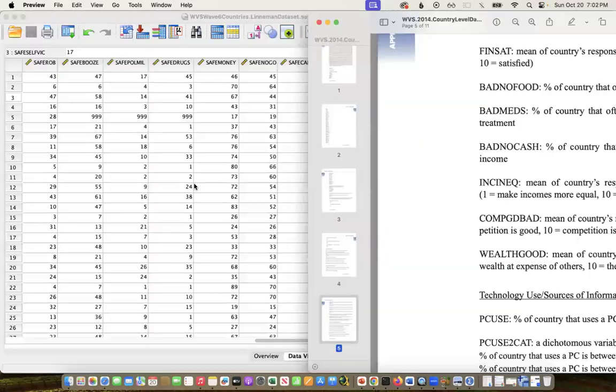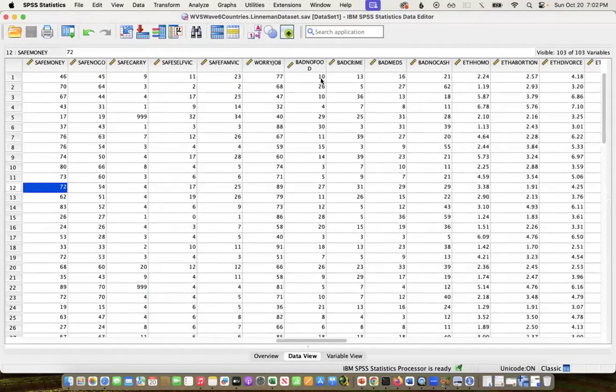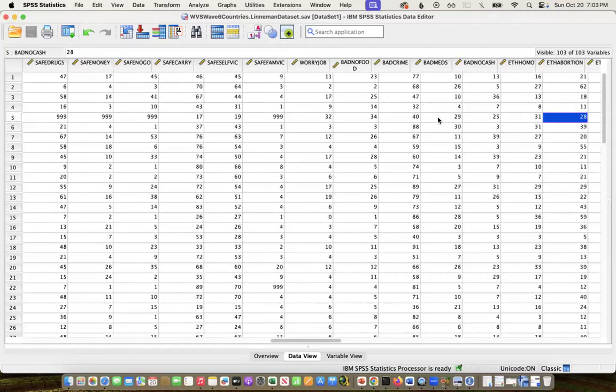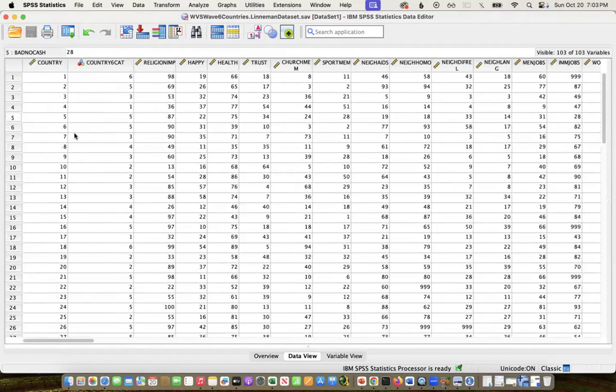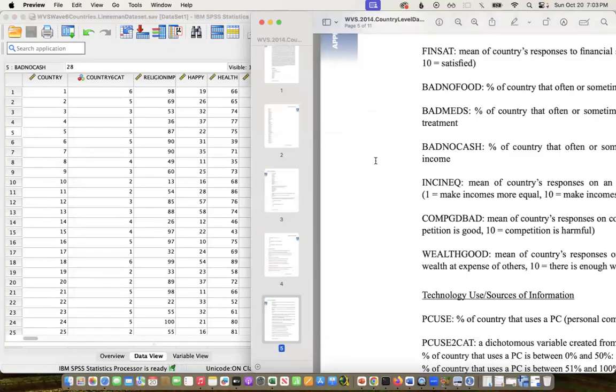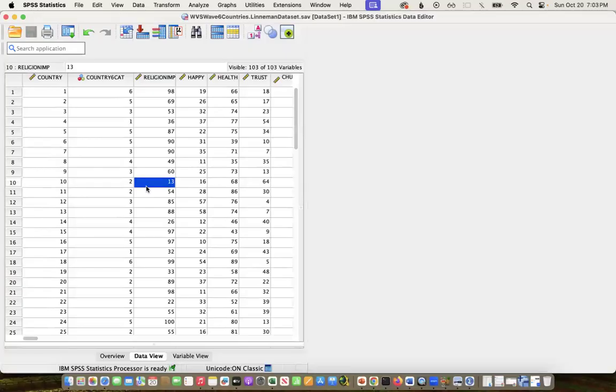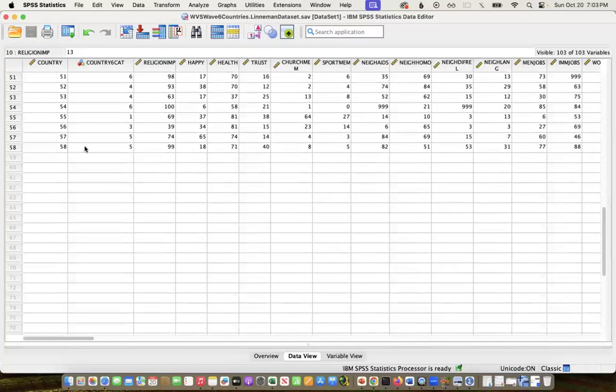And so when we go to that variable, what we end up seeing is that this is the percent. So in whatever country this is, 21% of respondents said that. In this country, 28% of respondents said that. We could look up the country if we wanted as well with the code book. So this is a country level data set. And we can see that there are 58 countries.